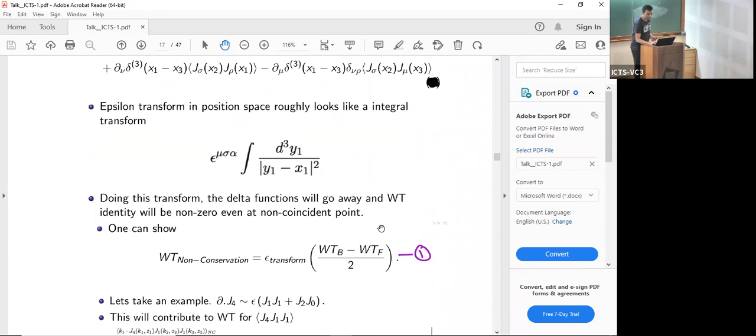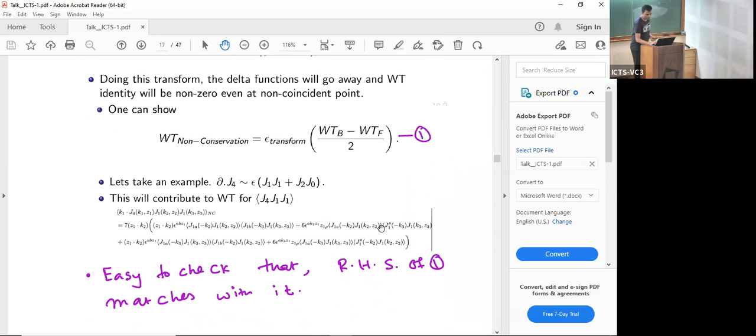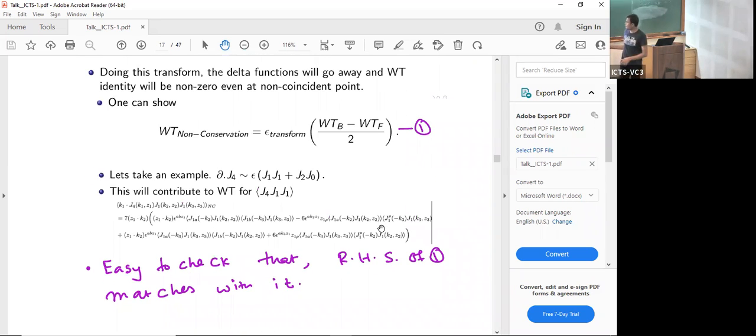And that something, I'm not going to show the details because of lack of time, turns out to be exactly identical to what you do here. Take the free bosonic answer, take the free fermionic answer, just do the epsilon transformation, you get something, and that answer precisely matches the independent calculation that you can do by calculating the Ward-Takahashi identity coming from the non-conservation of the higher spin current.